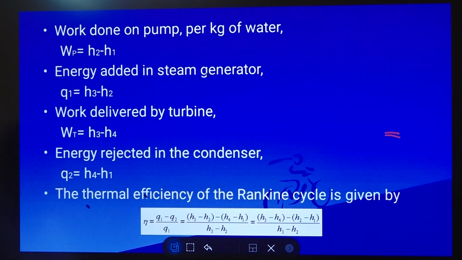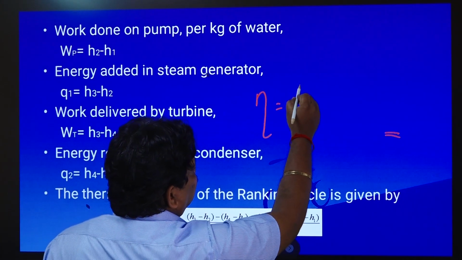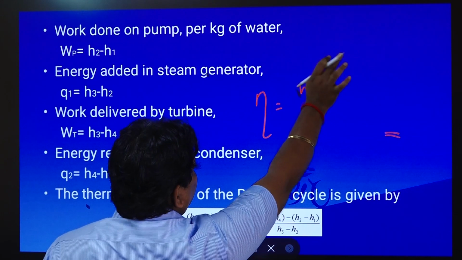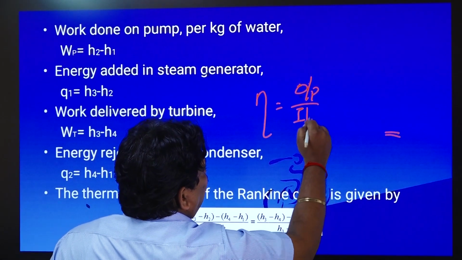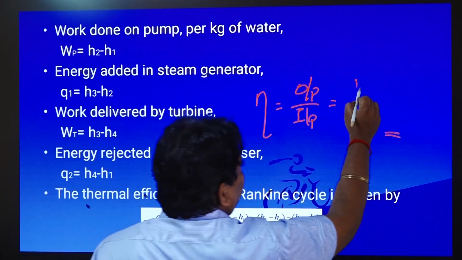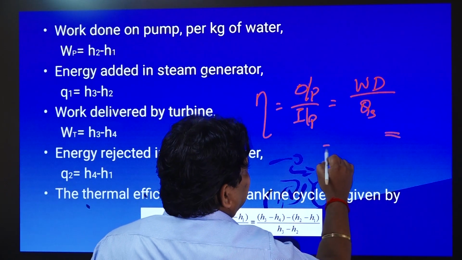So the thermal efficiency, eta. The same formula you are going to apply. So eta is equal to output by input. The output is nothing but the work done, and the input is the amount of heat energy that is supplied.